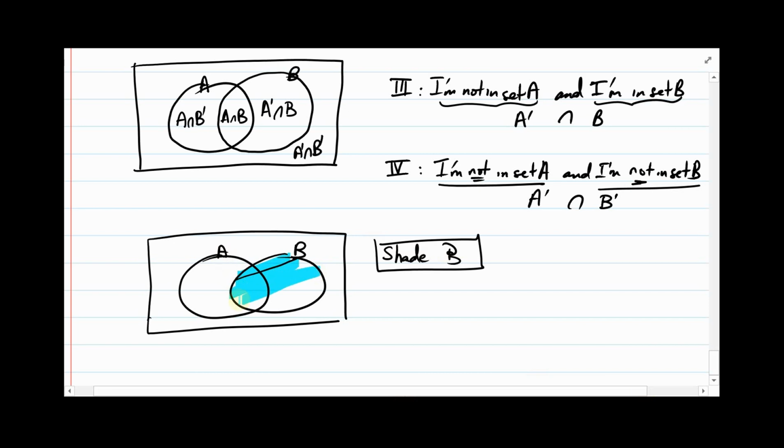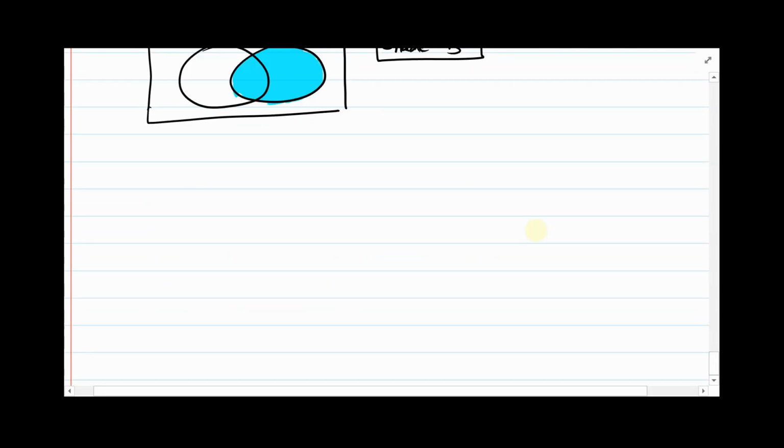Set B would be all of this entire circle. So in this case, set B is really two neighboring parts. But don't throw out the baby with the bathwater and forget the simple things while you're concentrating on the more difficult parts.